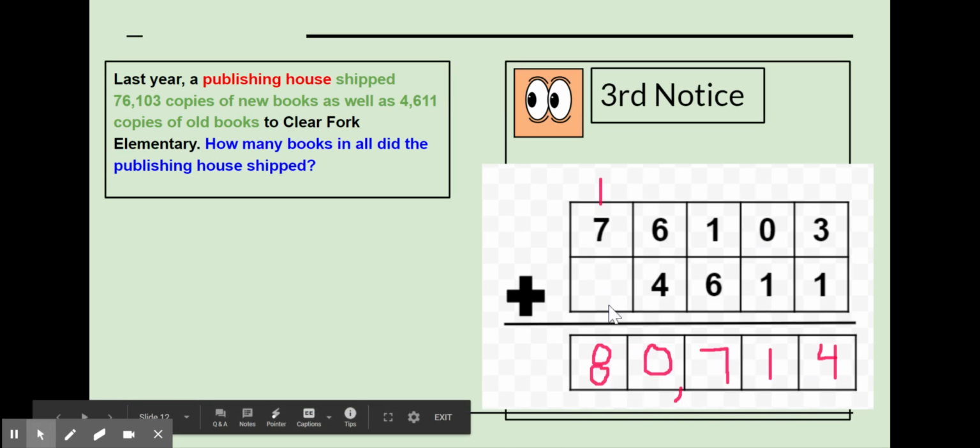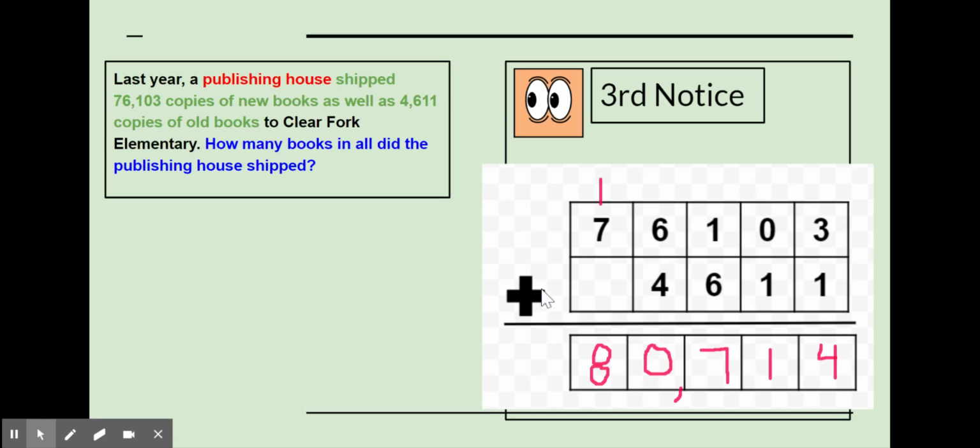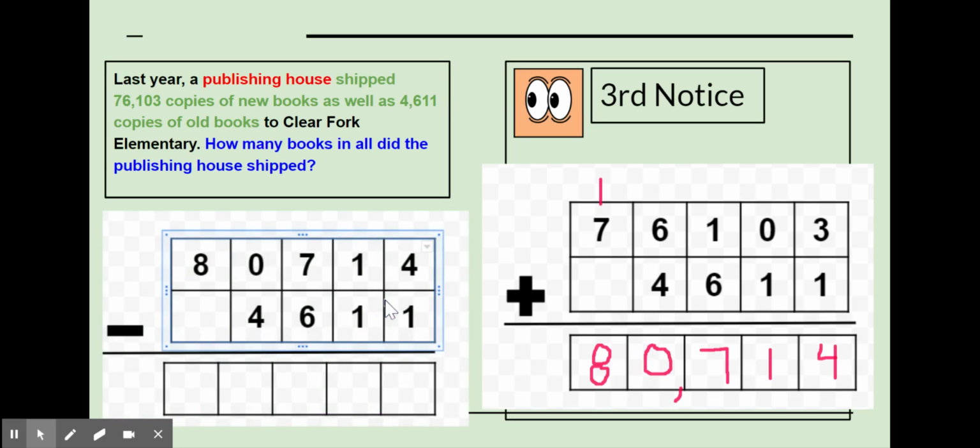Now in our third look, we don't want to just stop at solving the problem. We want to make sure that we solved the problem correctly, so we need to check. And the way that you would check an addition problem is to do the opposite operation of subtracting. So we are going to subtract 80,714 take away 4,611.